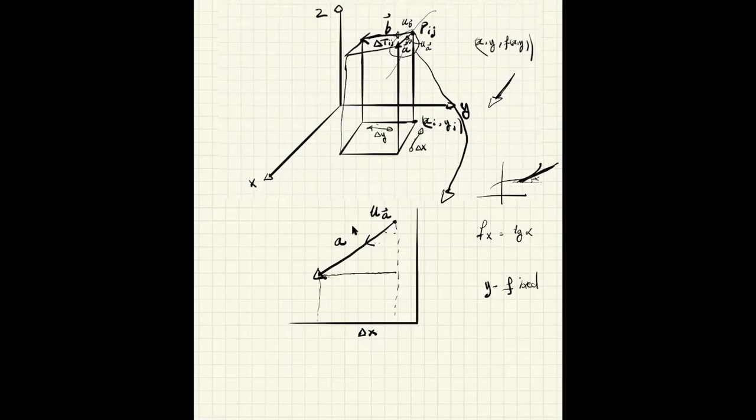So when you multiply by delta x, it gives you this. So you just have to make sure of that.